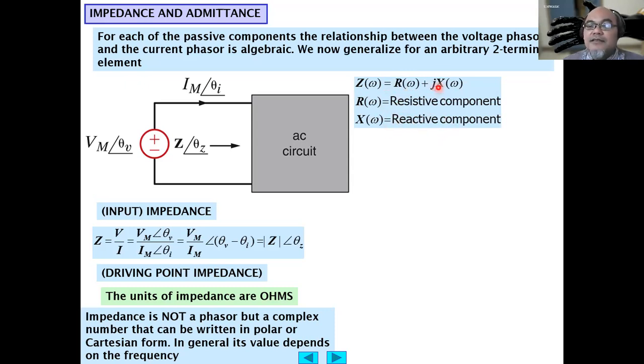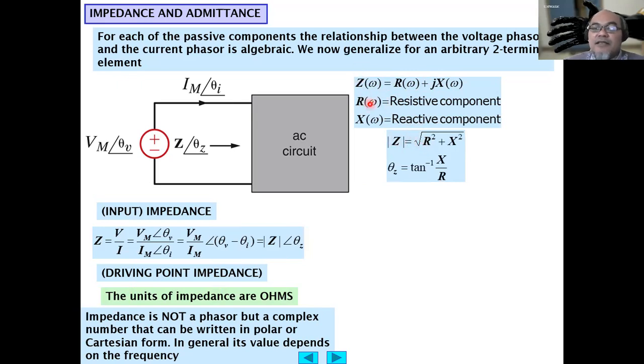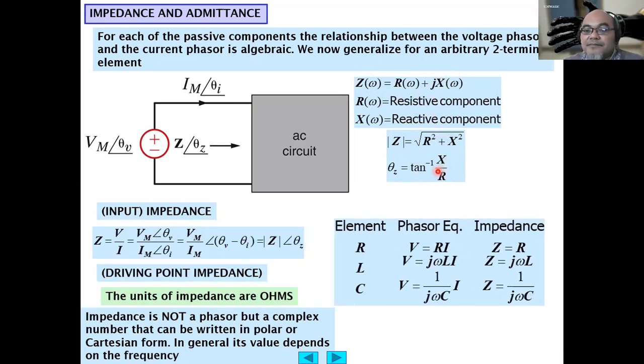It has this j, so it is shown as imaginary, because it's not true power, as you have learned in the lab. Then the magnitude of Z equals the square root of R squared plus X squared, and the phase angle of Z equals the arctangent of X divided by R.